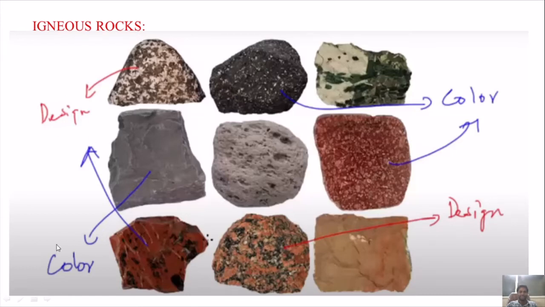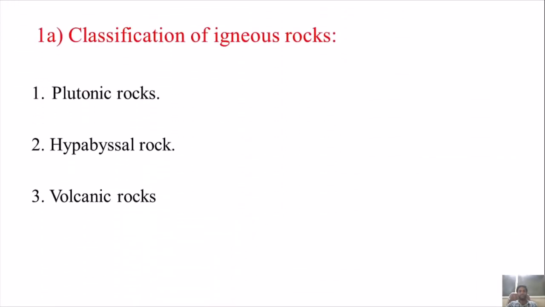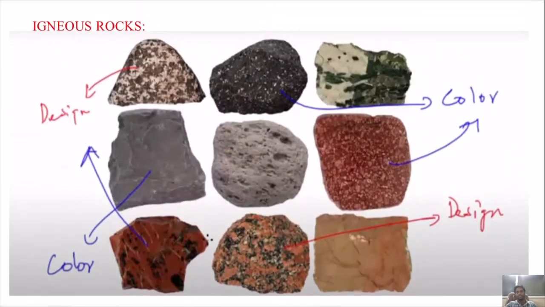All the designs and colors come because of the presence of different types of rock forming minerals. So igneous rocks may have any of these colors and any of these patterns and designs. So igneous rocks can be classified based on their design, texture, color and design pattern and all.